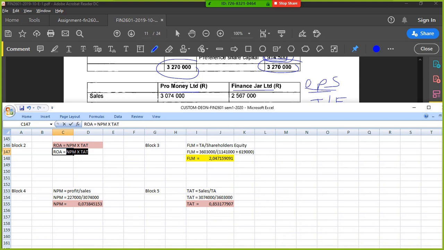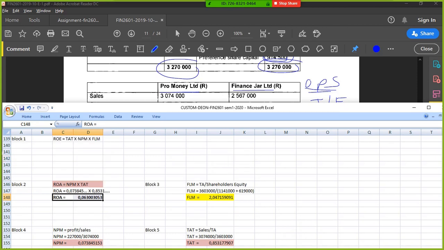ROA equals 0.073845 dot dot dot times 0.8531 dot dot dot. I'm going to use the actual answers, multiply this by that. There's the return on assets. Got that?